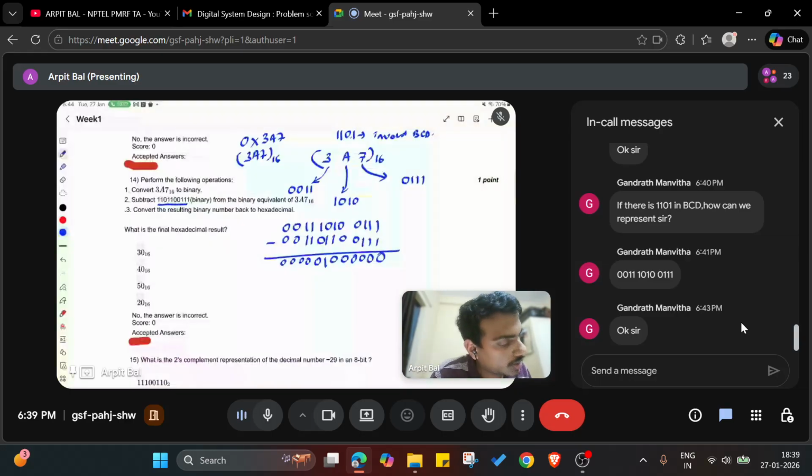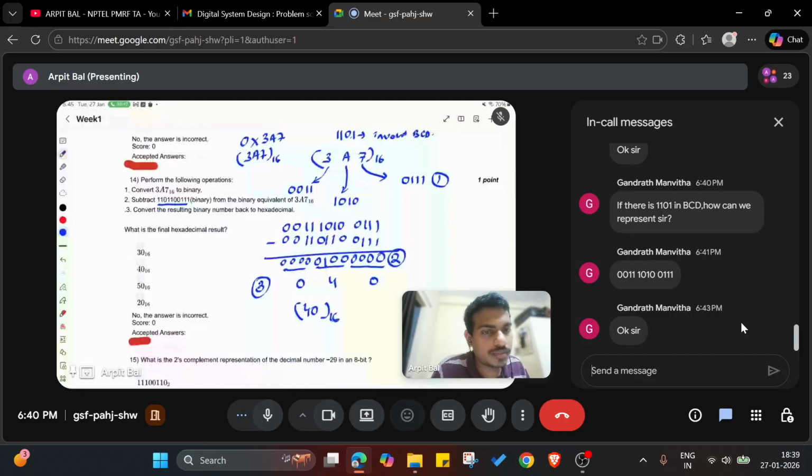So this is stage 1, this is stage 2, and in stage 3 I need to convert the resulting binary back to hexadecimal. So club 4 bits. This is 0, this is 4, this is 0. So I'll have 40 in hexadecimal.